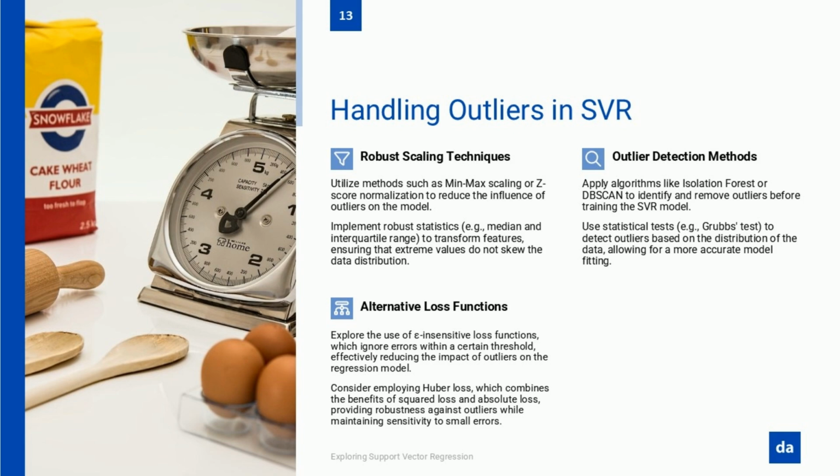Outliers are just one challenge in predictive modeling, but what happens when we need to forecast values over time? Support vector regression is often used for time series forecasting, but applying it to sequential data comes with its own unique challenges. Let's explore how SVR can be adapted for predicting trends over time in the next section.